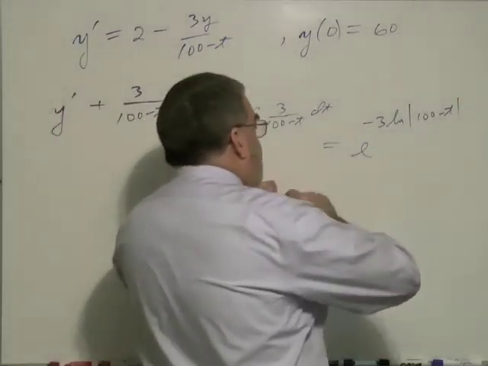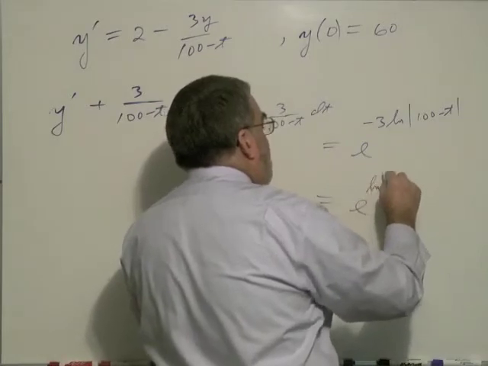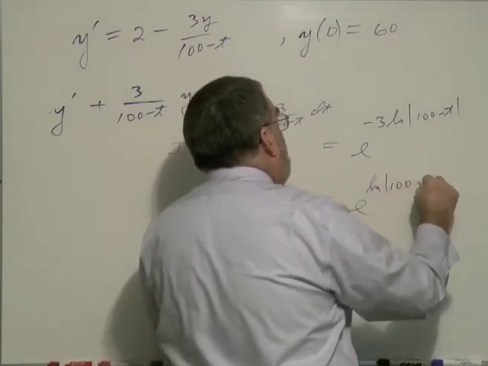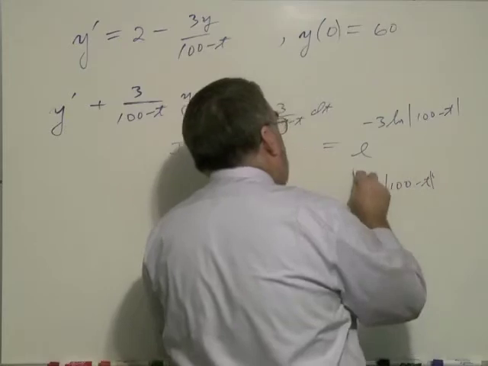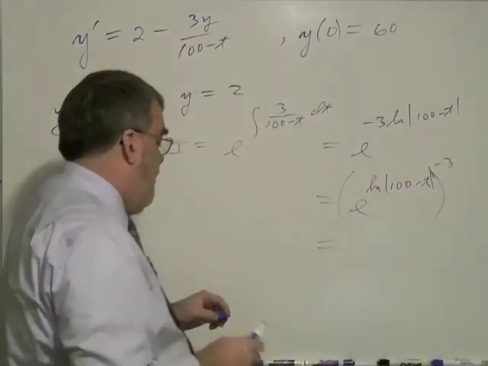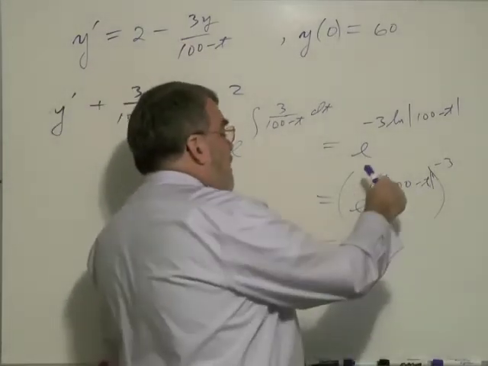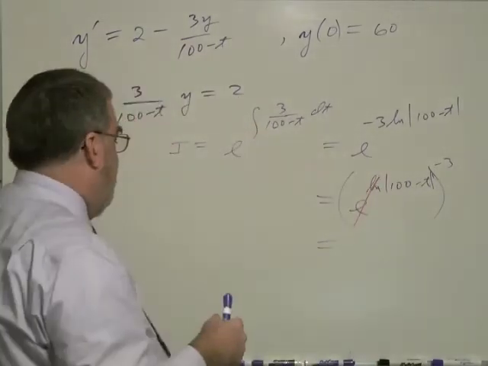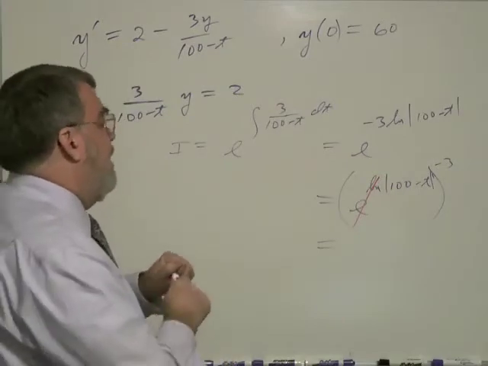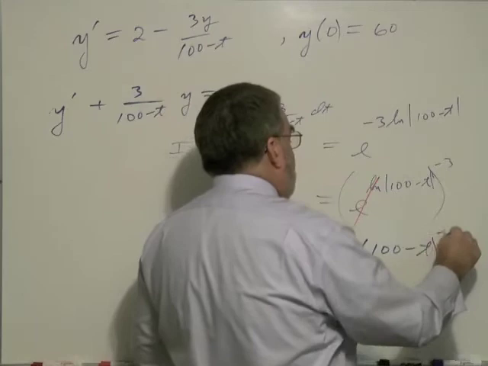And if we look at this as e to the natural log of 100 minus t, and everything is raised to the negative third power, then e raised to natural log all cancels, they're inverse functions, absolute value cancels, so we have 100 minus t to the negative third power.